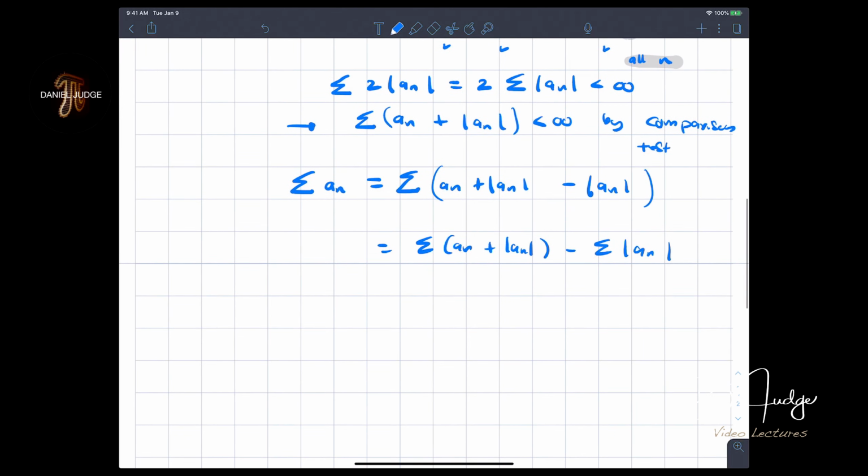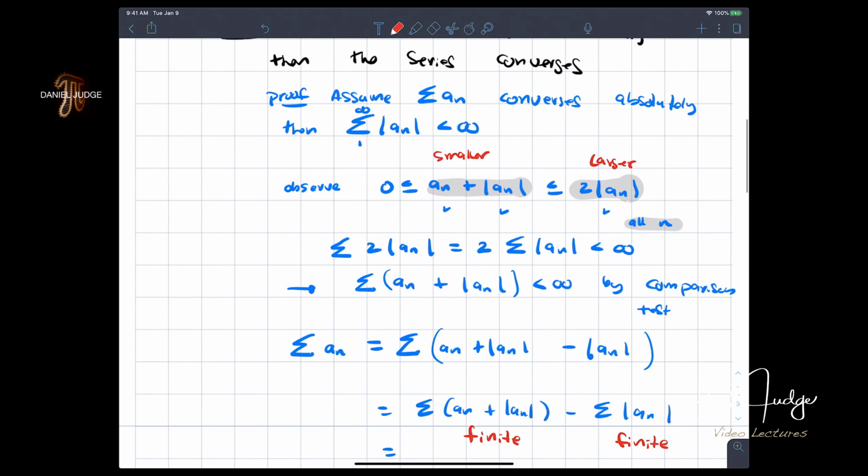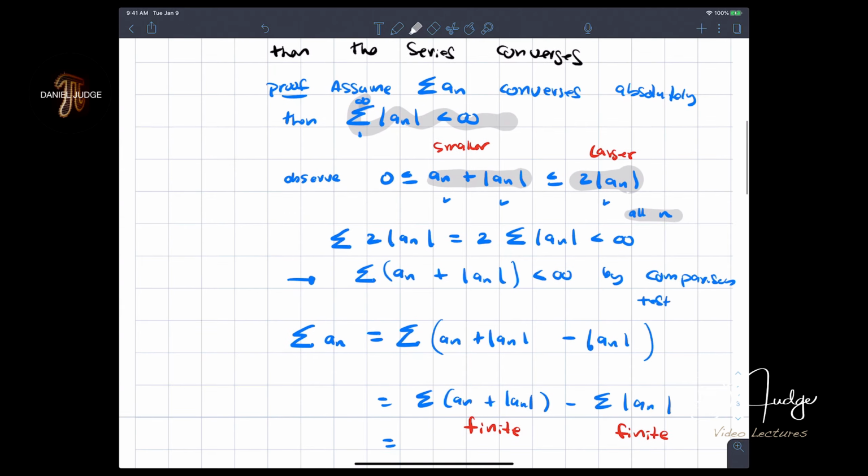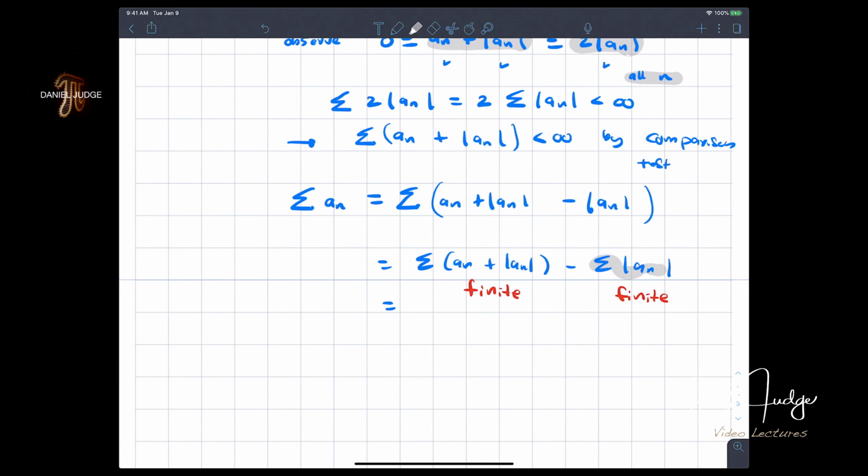And yet again, we know that this here is a finite value, and this here is a finite value, because the original assumption right up here is that we have absolute convergence, and this is what that means. This is finite, and we showed that this is finite. What that implies is that this series here is finite.